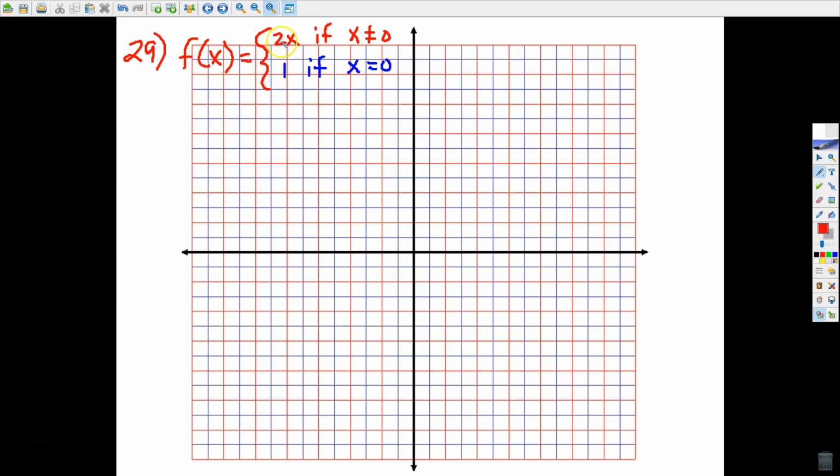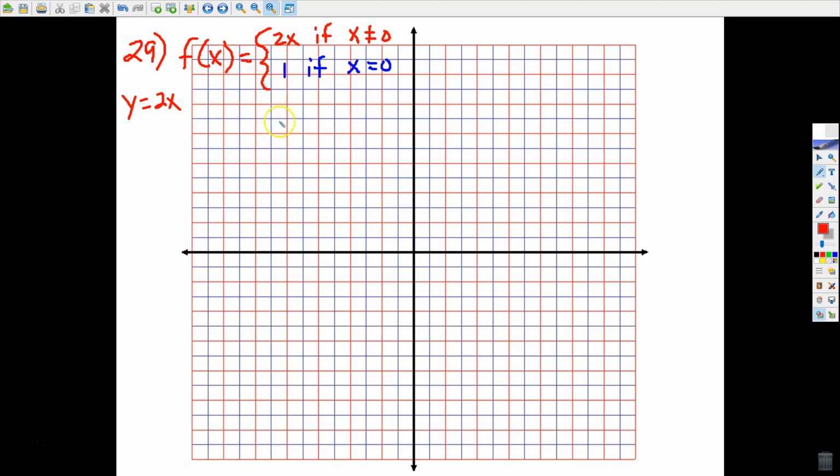Okay, so let's start with this red piece. It says f of x equals 2x, or maybe you're used to saying y equals 2x. That's just a line that has a slope of 2 and it has a y-intercept of 0. The b here is 0.